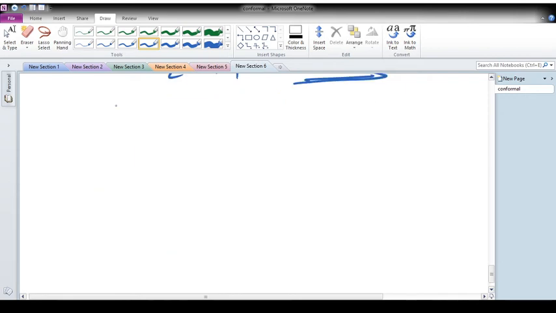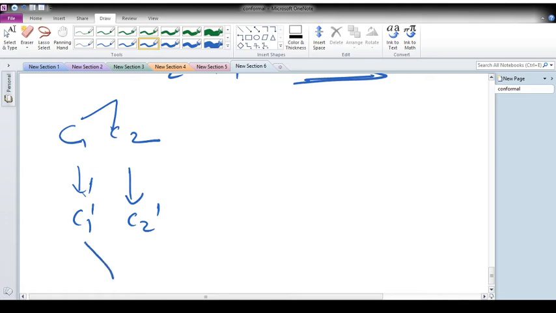So in the definition of conformal, C1 and C2 are regular, that is, differentiable with non-zero derivatives. The corresponding images are C1' and C2'. If the angle between C1 and C2 and the angle between C1' and C2' are the same with respect to f, then we can say f is a conformal mapping.